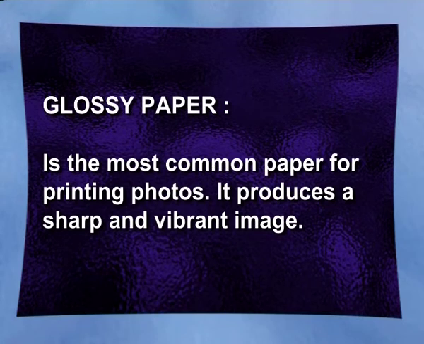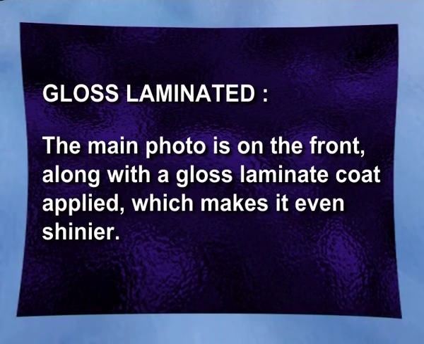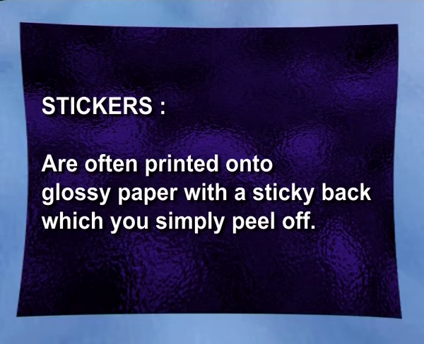It produces a sharp and vibrant image. Gloss laminated. The main photo is on the front along with a gloss laminate coat applied, which makes it even shinier. Stickers are often printed onto glossy paper with a sticky back, which you simply peel off.